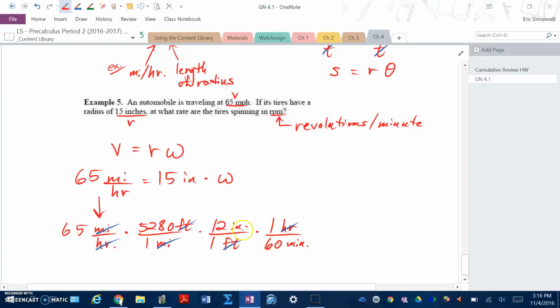If you're wondering why I picked inches, well, that's what our radius unit was. And then the minutes, to refresh your memories here, is that our denominator for RPMs is minutes. So we want inches per minute, just that conversion. We'll use our calculator.